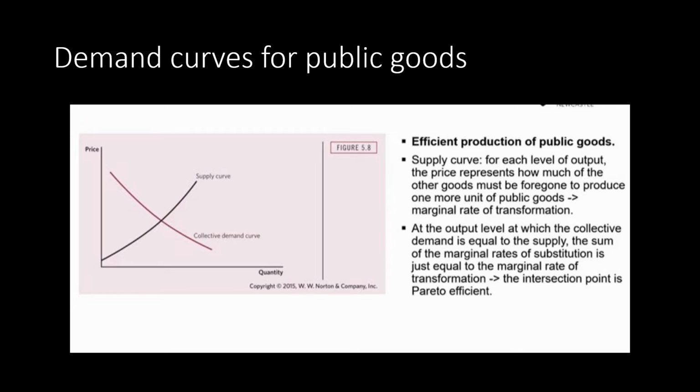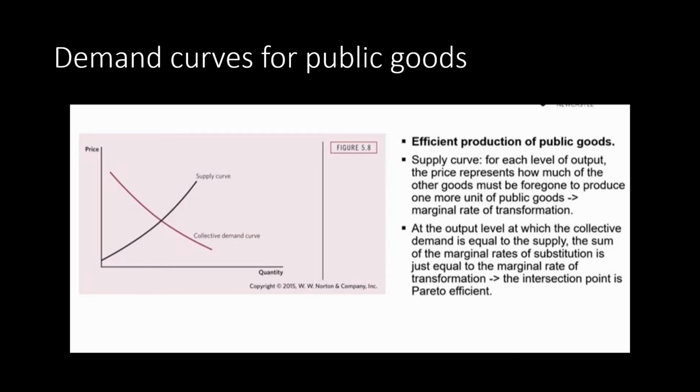And the next point is, at the output level at which the collective demand is equal to the supply, the sum of the marginal rates of substitution is just equal to the marginal rate of transformation. This is the intersection point, which is the Pareto efficiency. It is Pareto efficient. Why?